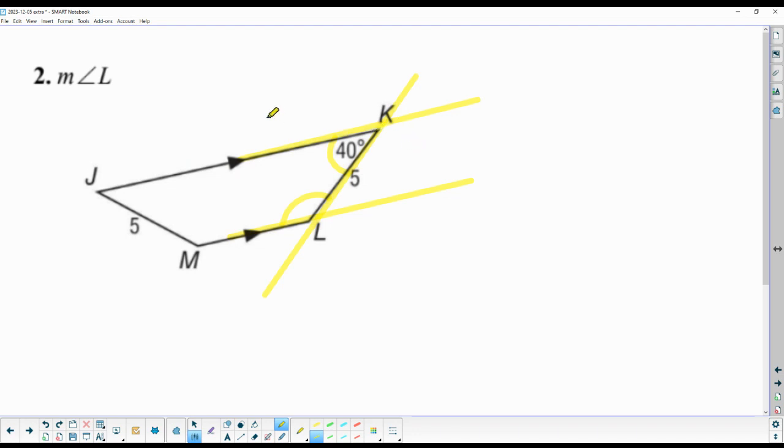Consecutive interior. And when they're consecutive interior and the lines are parallel, these are supplementary, which means that they add up to 180, right? So that means I can do 180 minus that 40 that we do have to find the other one. 180 minus 40 is 140. So that's the measurement of angle L.